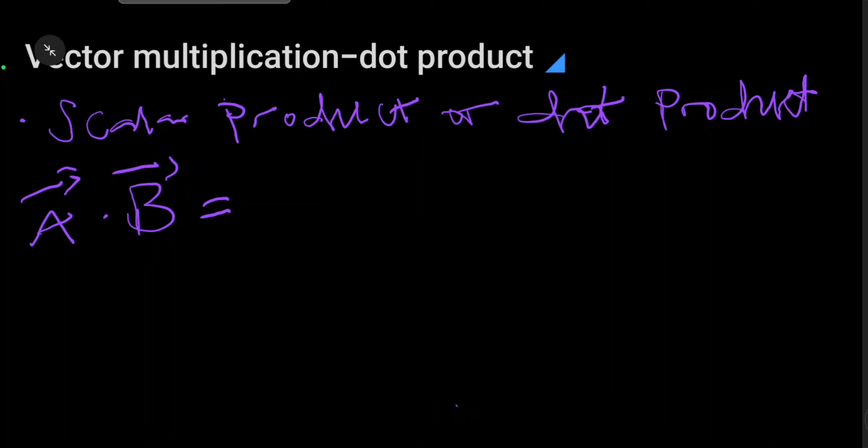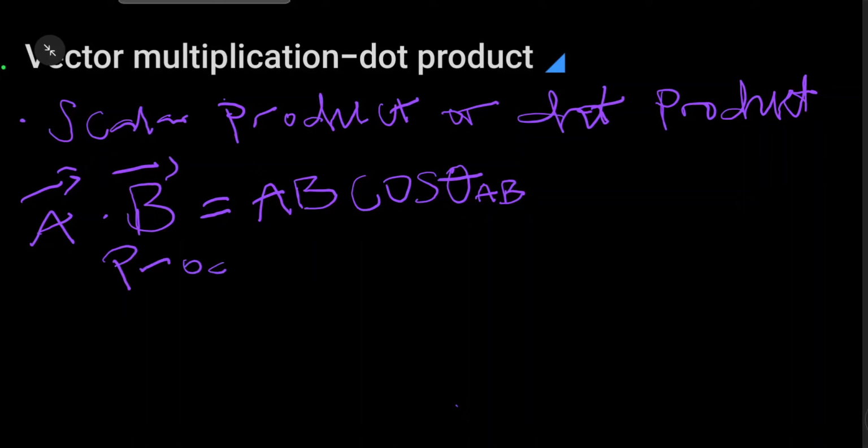That is, A and B multiplied by the cosine of the angle between the two vectors. So that's everything for the definition. We have some properties of vector multiplication dot products, which we'll be looking at right now.